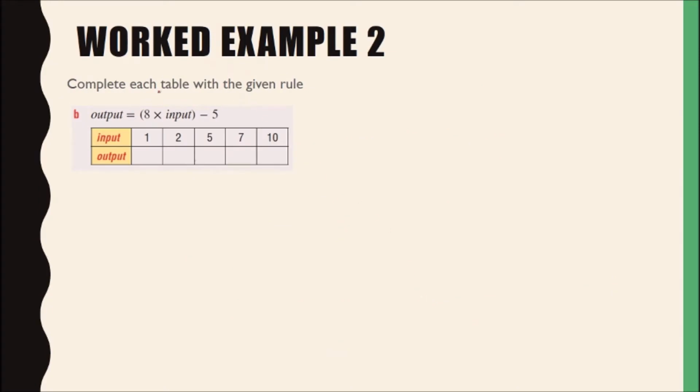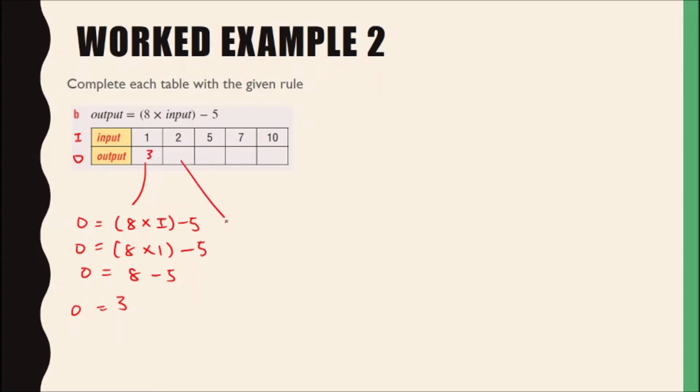Here we have an output and input formula with a multiplication sign. We're going to do the same thing, O and I. You're more than welcome to use it. So that's the formula there. O equals 8 times 1 minus 5, so 8 minus 5 equals 3.